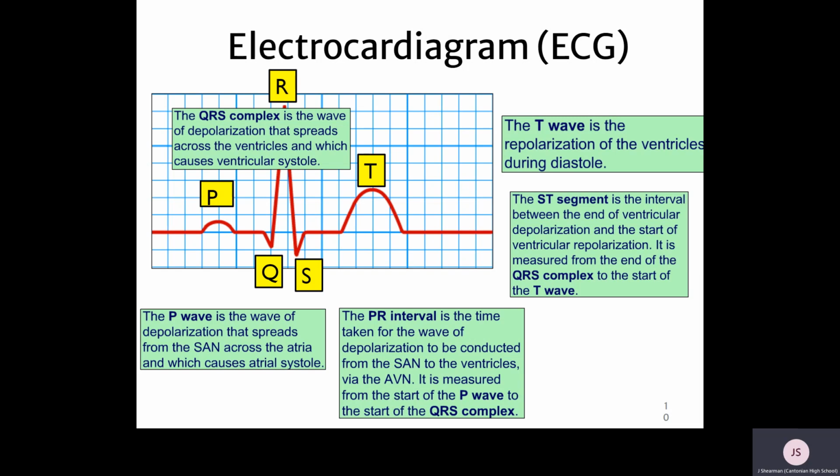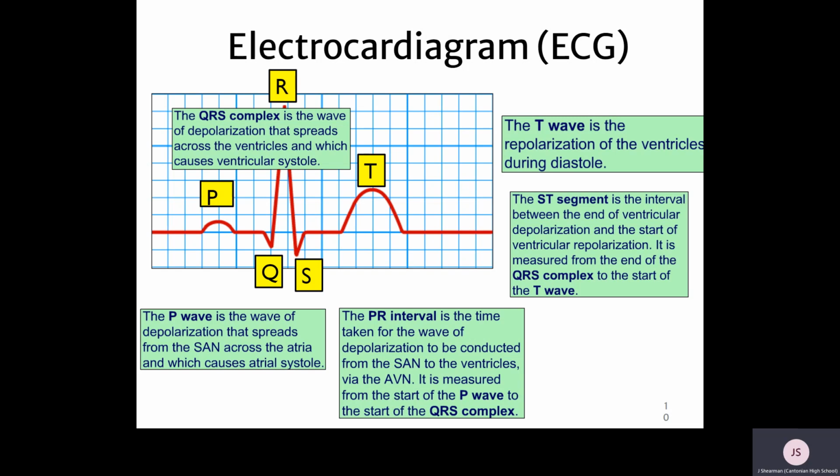So you've got lots of information on this drawing, and what I would suggest is that you break it down and draw yourself several copies of the trace, and perhaps on one of them you just label which bits of the trace correspond to systole and diastole. Then maybe on another you could just show the parts of the trace that represent activity in the atria, and the bits of the trace that represent activity in the ventricles.